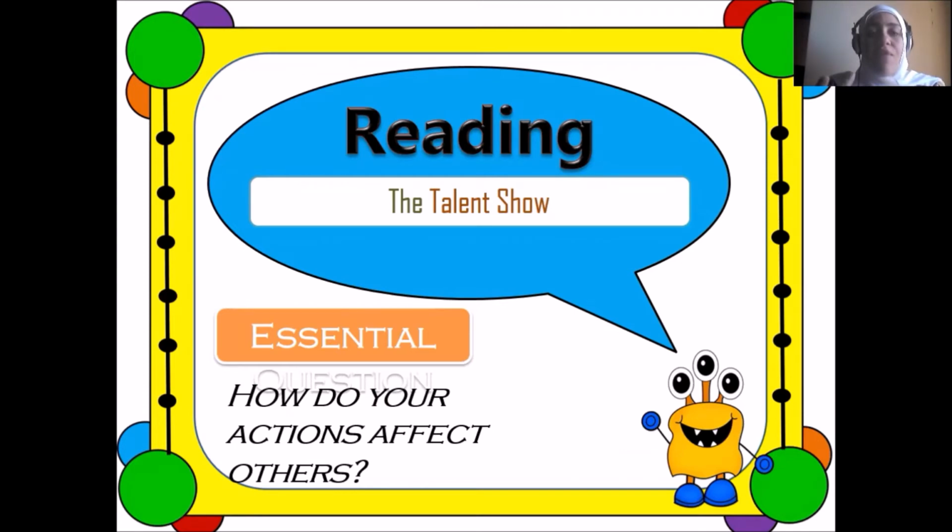How do they influence others? Sometimes they influence them in a good way, but other times they influence others in a bad way. So that's why we have to pay attention to how we act beside people in order to always affect them in a good way, to try our best to always have a good influence on others.